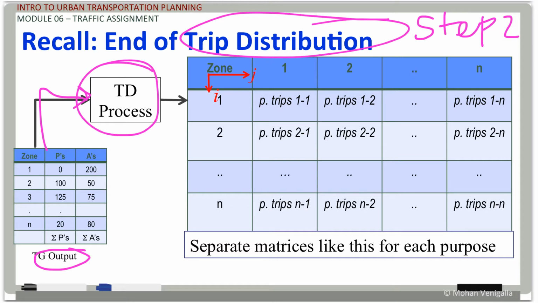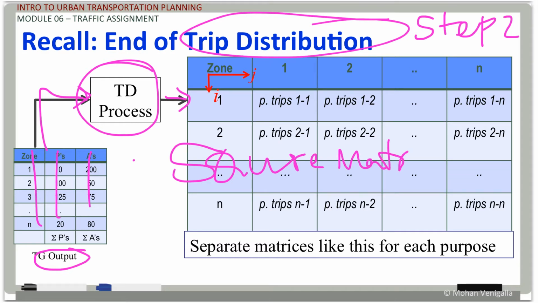And then your matrix, it's not a square matrix. This is 3 columns in this matrix, the input matrix to the TD process. When you put it through the trip distribution process, you have a square matrix, meaning from n zones to n zones.